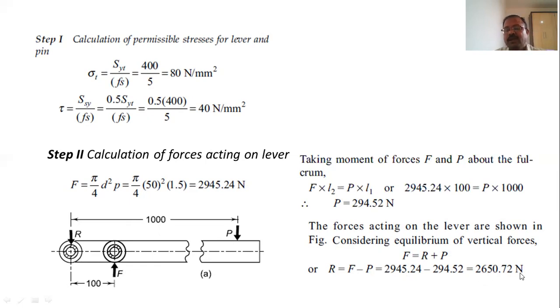So from the values of these three forces, F is 2945, P is 294.52, and R is 2650. Therefore, F is larger. And so instead of designing the fulcrum pin, we can design the load pin. The same load pin can be applied at the fulcrum also, and it is going to sustain that load because that load is less than F.